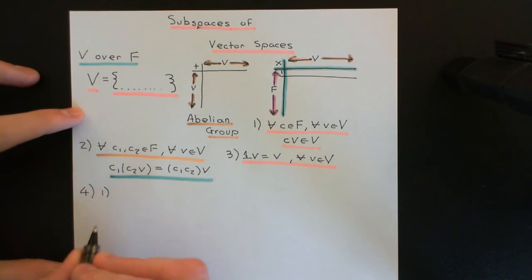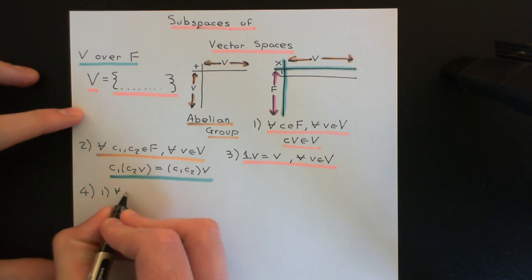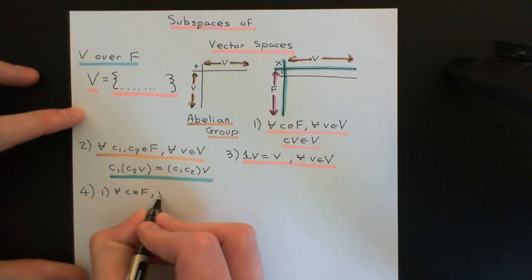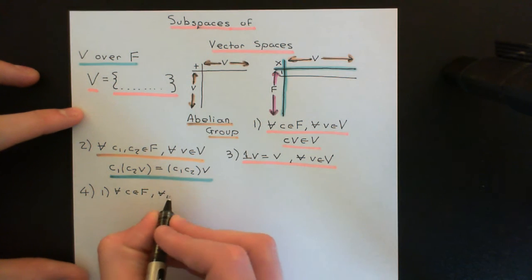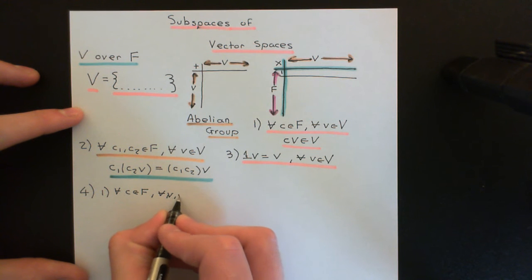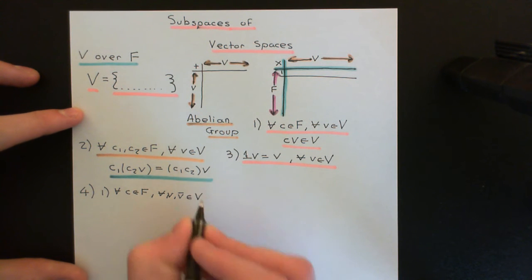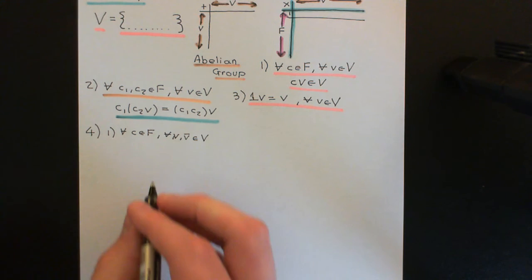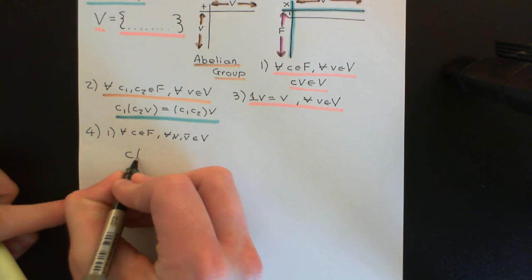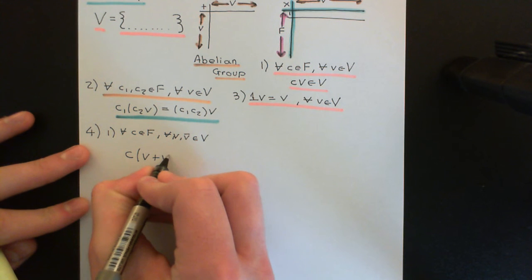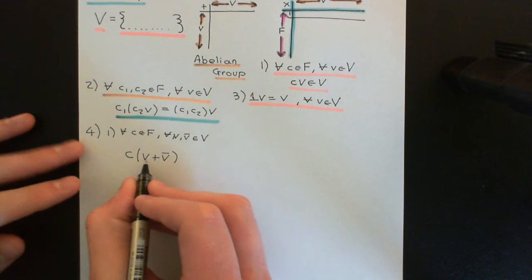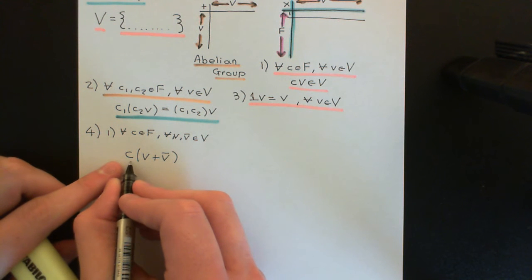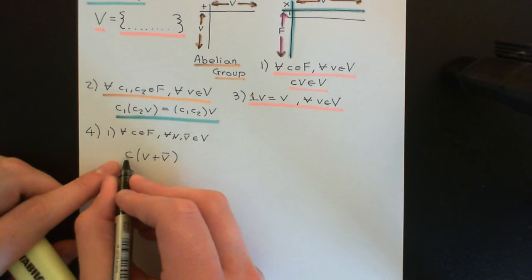Part 1 of distributivity says that if you pick any element of the field, so any little c which is an element of the field, and any two vectors, so for all v and v bar, which are elements of the vector space, it must be the case that if you consider what is c times v plus v bar, this means add these two vectors together in the vector addition law, then multiply it by this element of the field c.